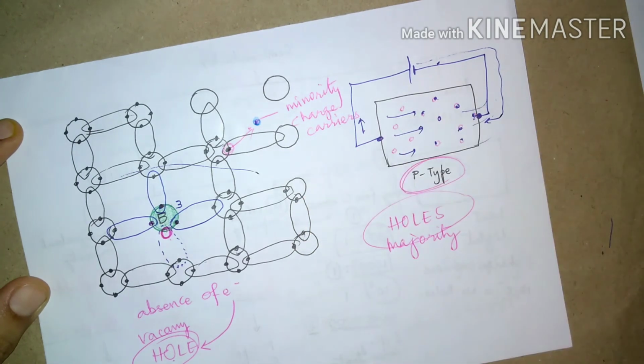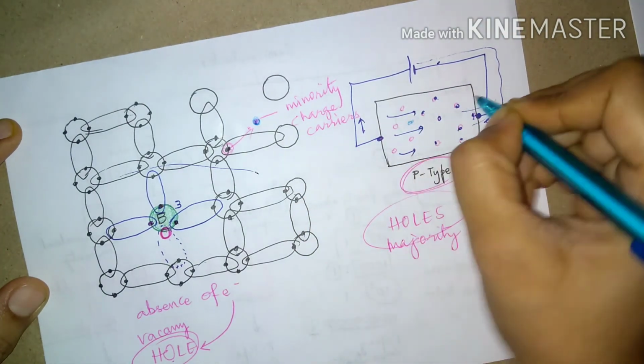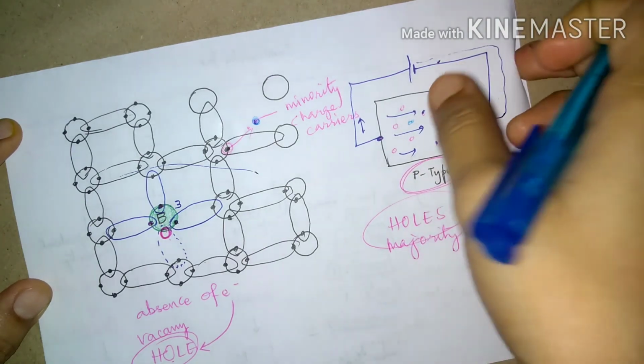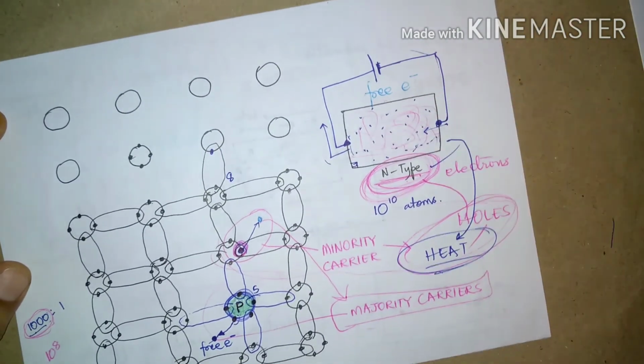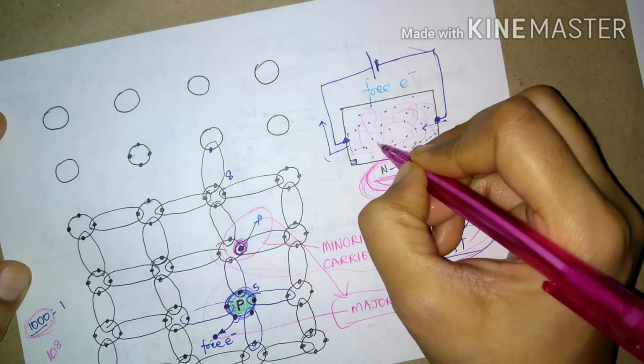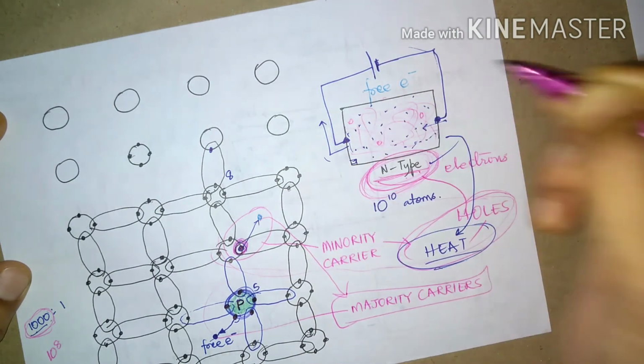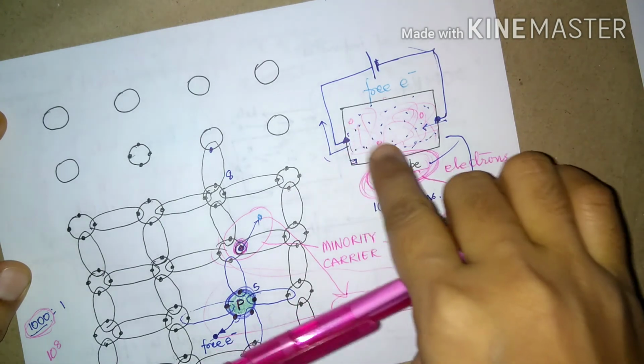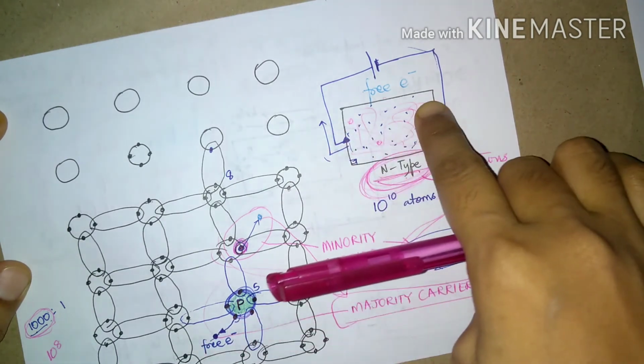You will find some free electrons here and there, and here also in this piece you will find some holes here and there because of the heat. So these holes are minority charge carriers in n-type.